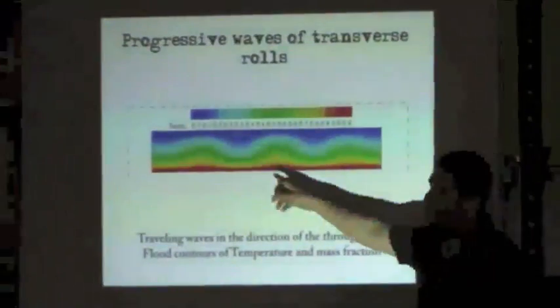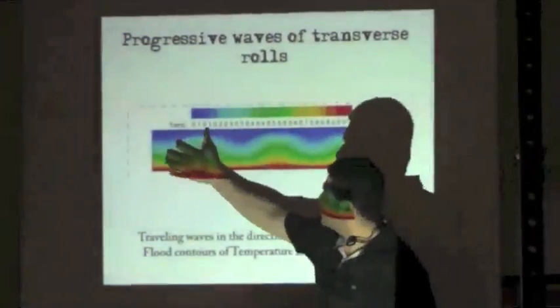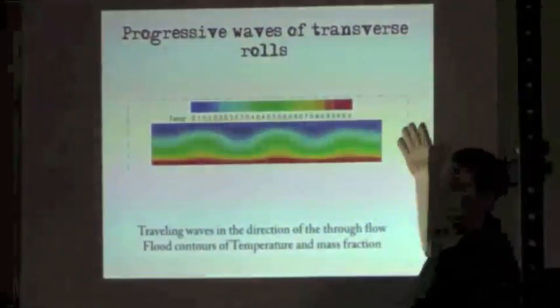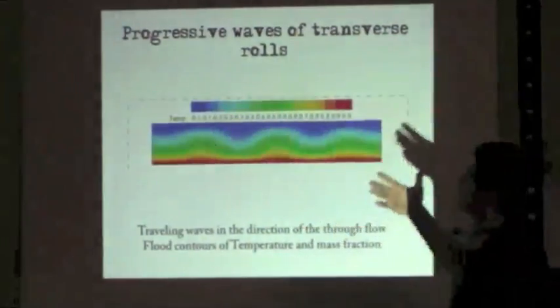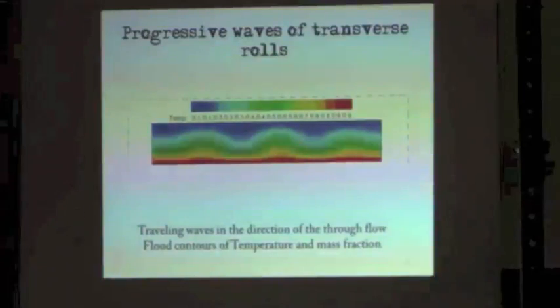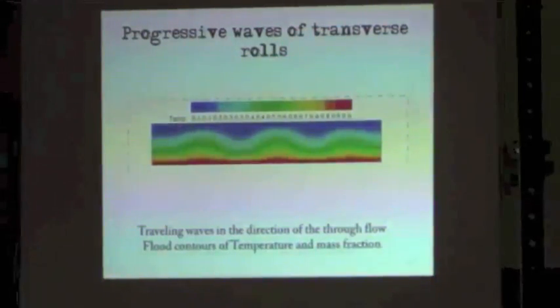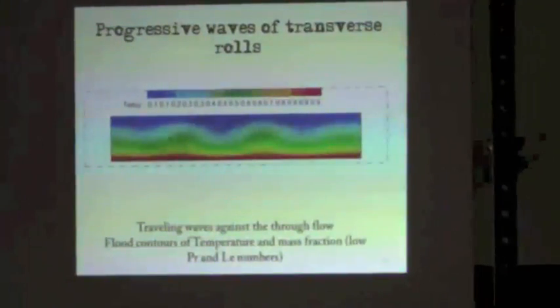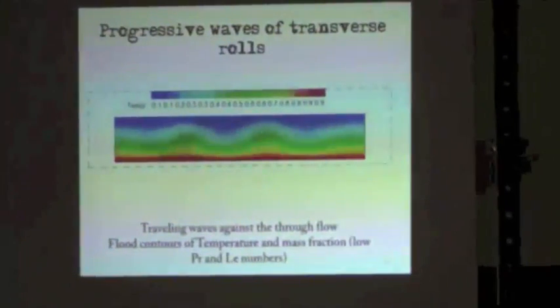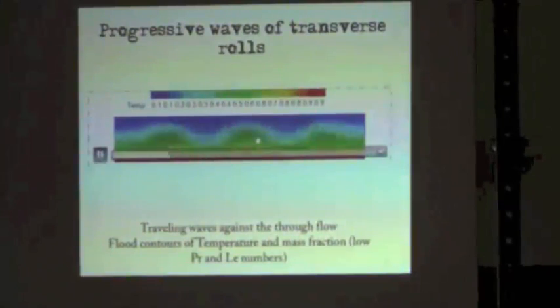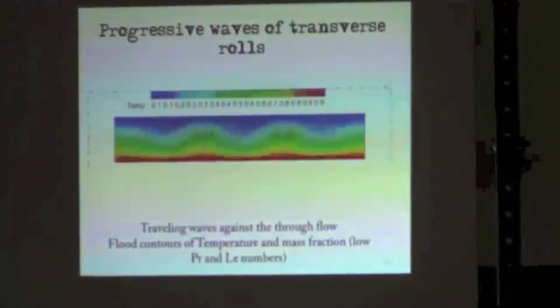So here we have the x direction. When transversal rolls occur, they make the liquid move, and the separation of constituents is not very good. The liquids are very mixed. The traveling waves can go with the through flow or against the through flow.